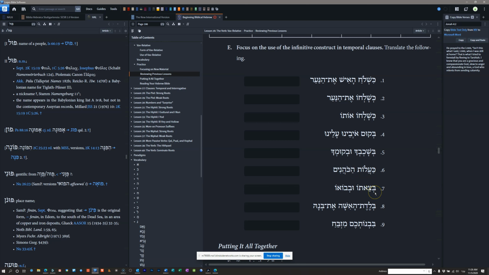and let's see, Lakach is he took, I think. So Yilkchu is going to be they will take, but the Vav relative makes it and they took, what did they take? Et areichem. They took your cities.